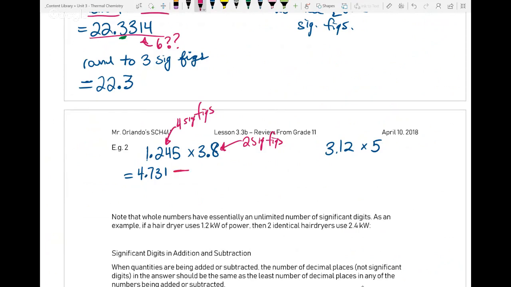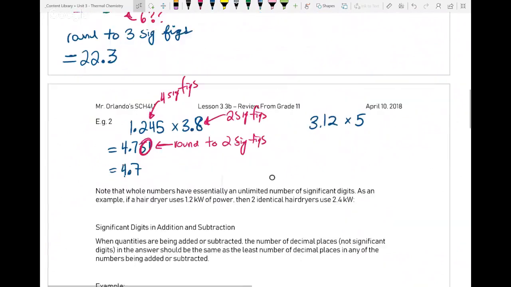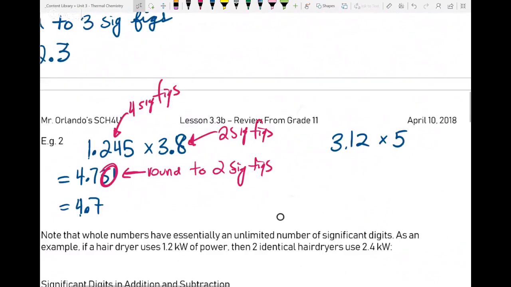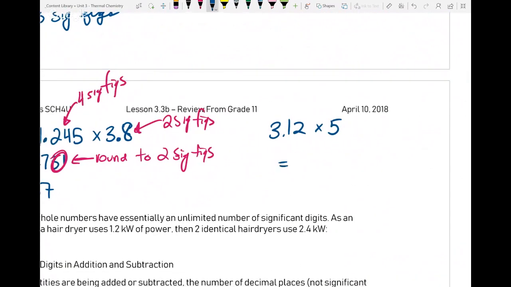So I've got to round this to 2 sig figs, which means these 2 digits have got to go. That 3 means we're going to round down, not up. So this would be 4.7 as an answer. Good.